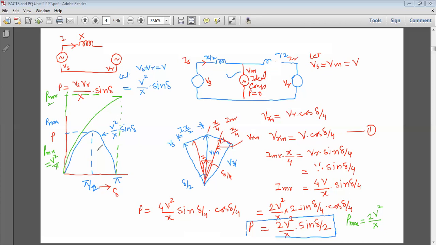So the system will be stable. Here the system is stable only up to this point, in this region. The maximum stable angle is 90 degree, whereas by connecting the capacitor, the maximum stable angle becomes up to 180 degree, and the maximum power is also double.